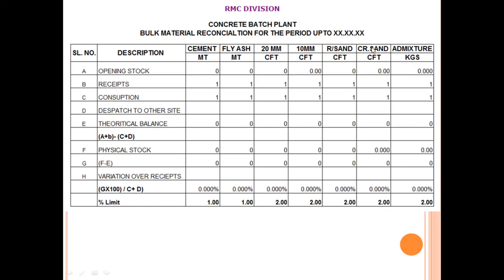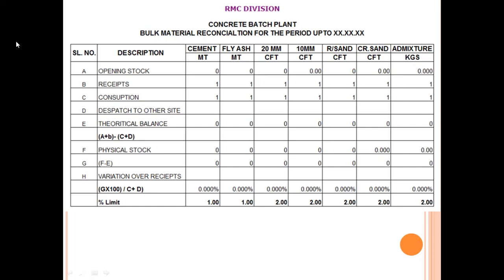These are the requirements of RMC plant. Then opening stock, then there are receipts. Whenever any material is received at site or anywhere, it has some receipts that you need to maintain. Then consumption, then dispatch to other site. If you dispatch to another site, you need to maintain a record of that.